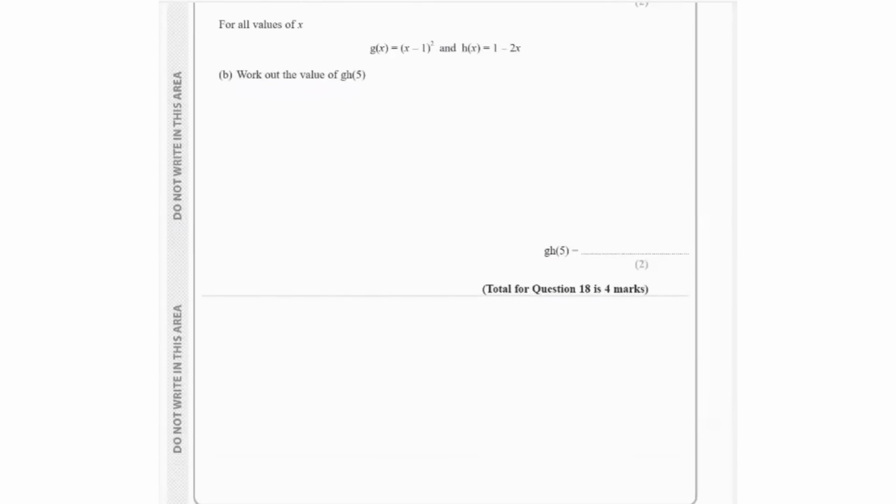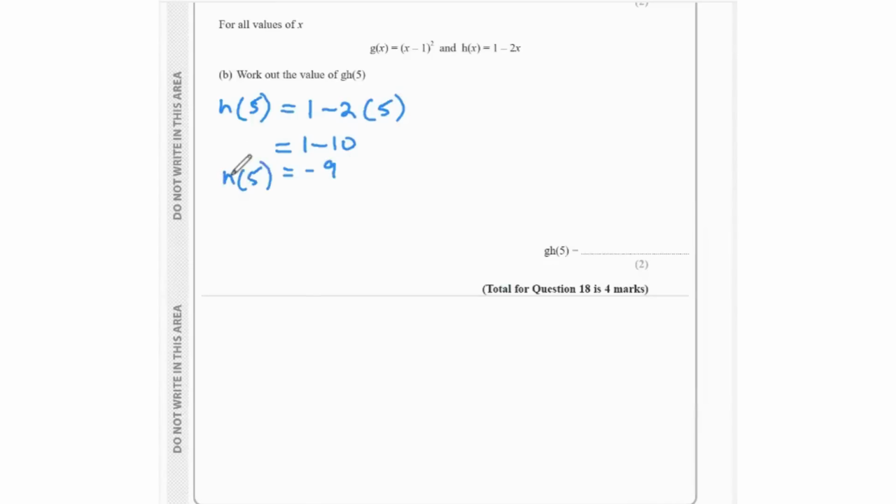Then it says for all the values of x, g of x equals x minus 1 whole square and h of x equals 1 minus 2x. Work out the value of g of h of 5. So first, let's find the value of h of 5. That's going to be 1 minus 2 times 5, which is 1 minus 10, and that's negative 9.